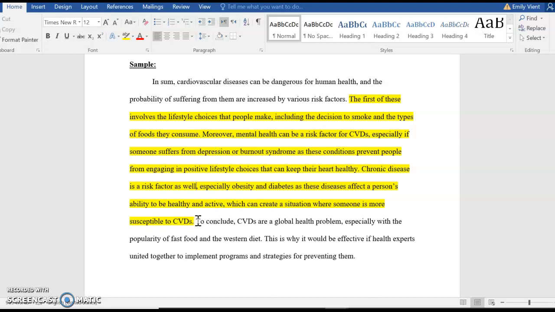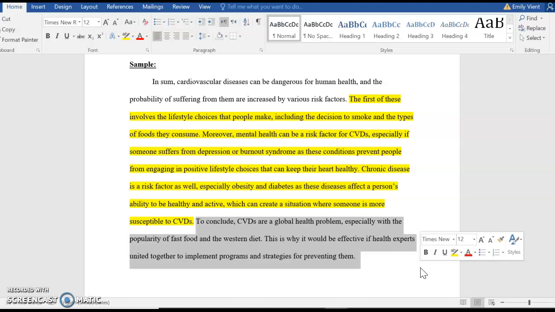And then my final thoughts here to conclude. "CVDs are a global health problem, especially with the popularity of fast food in the Western diet. This is why it would be effective if health experts united together to implement programs and strategies for preventing them." As I'm reading this, this is not the best ending note in my opinion, but it's a first draft.